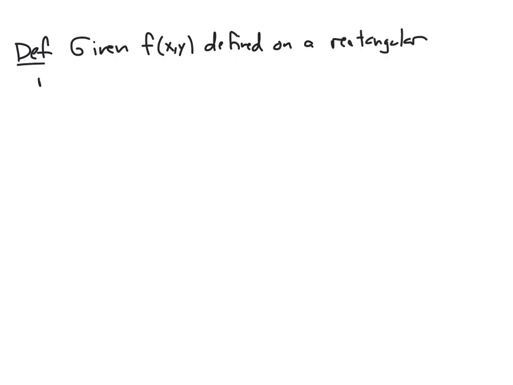All right, so our formal definition for this: we're going to be given a function, f of x, y. For now, we want it to be defined on a rectangular region, which we'll call R, which is simply the rectangle where x goes from a to b, and y goes from c to d.